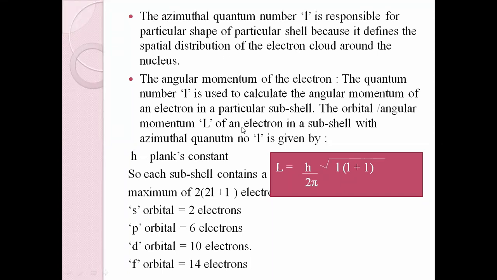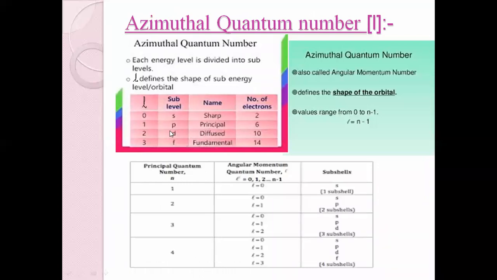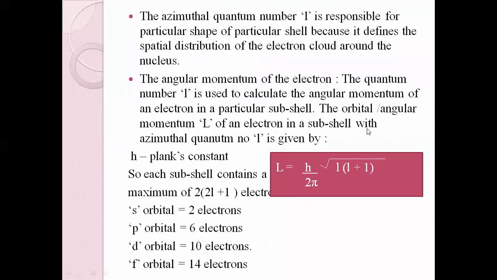If I go back one slide, 0 is representing s. This 0 we got from n minus 1. So substitute this 0 in the formula: 2 into 0 is 0, 0 plus 1 is 1, 1 into 2 is 2. So s orbital consists of 2 electrons, whose azimuthal quantum number is 0.